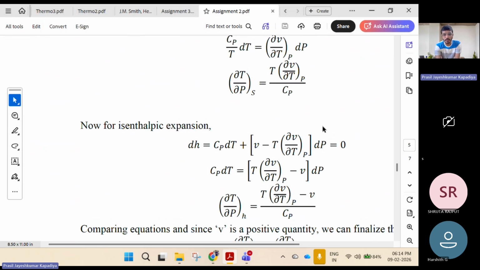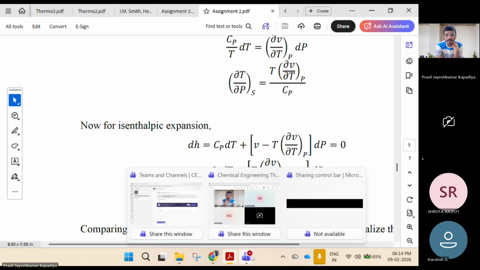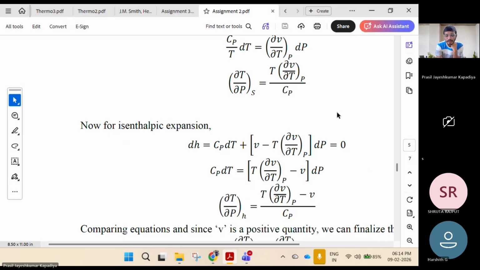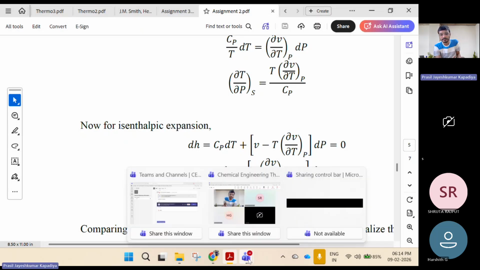So from looking at these two equations, can you tell in which process the temperature change will be more? Is it more here or more here? This quantity will be more or this quantity will be more? Anyone?